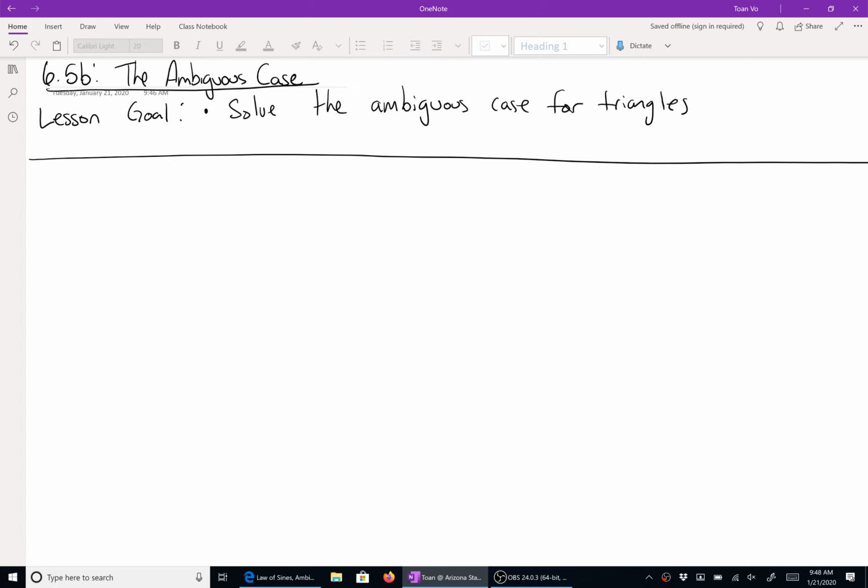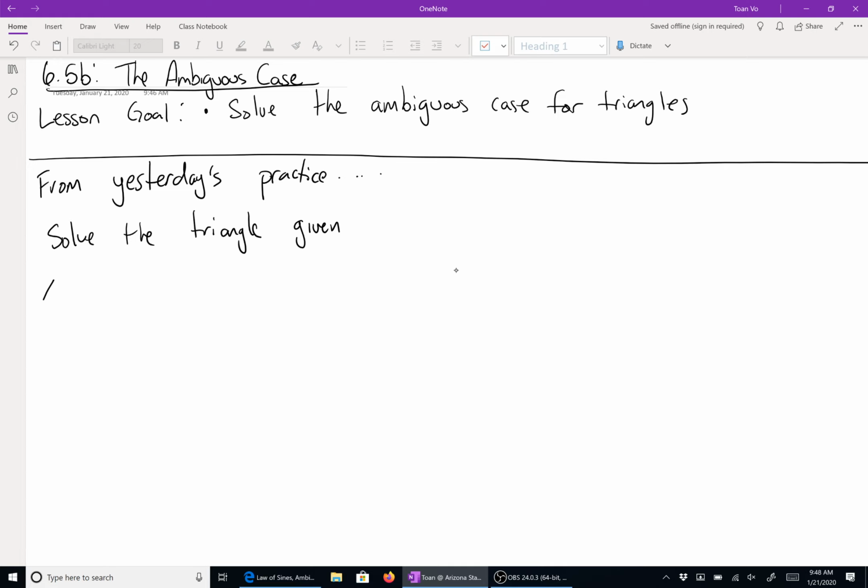For example, I'm just going to pull two examples straight from yesterday's homework. From yesterday's practice, you were asked to solve the triangle given, and one example was like angle A is 50 degrees, angle B is 68 degrees, and side C is 230.